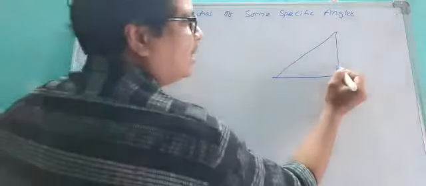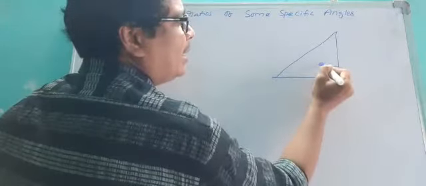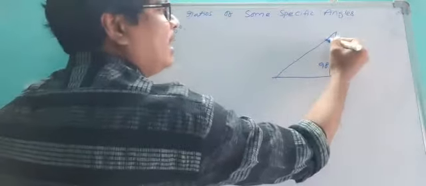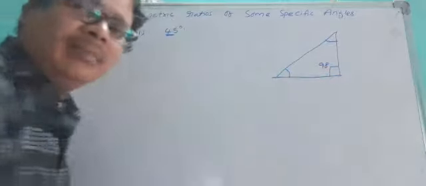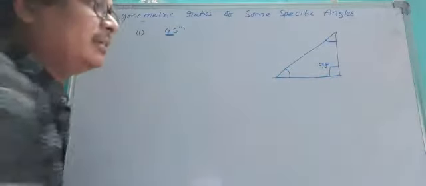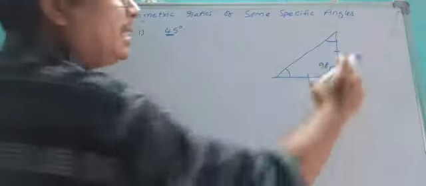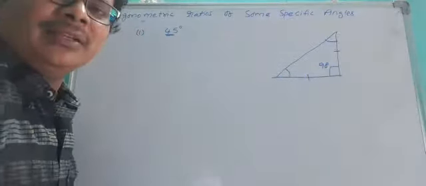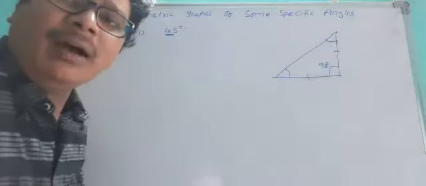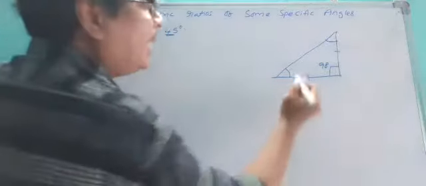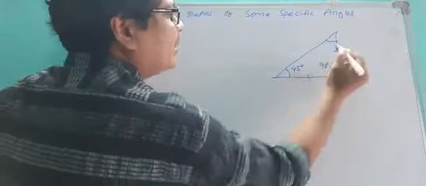In an isosceles right angle triangle, one angle carries 90 degrees and the remaining two angles are equal. Because this is isosceles, two of the sides are equal, and their opposite angles are also equal. Already 90 degrees is occupied, the remaining are 45 degrees and 45 degrees.